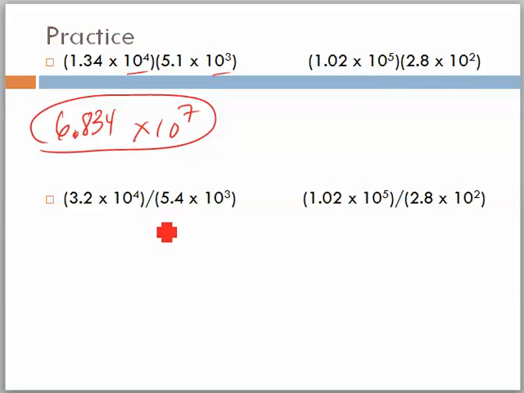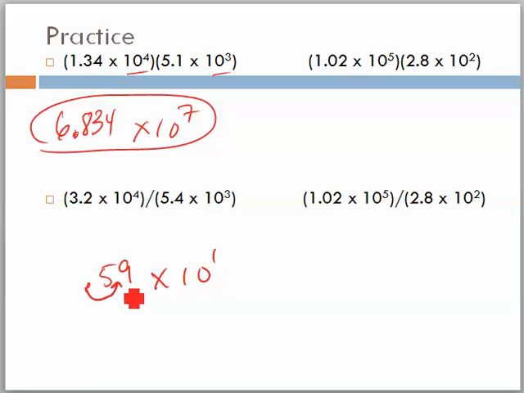I'm going to go down here and do the bottom one. 10 to the fourth, 10 to the third. Well, when I divide, I subtract my exponents. So I know this is going to be times 10 to the first. And now it just becomes 3.2 divided by 5.4. And that gives me 0.59 and so on times 10 to the first. Well, this is not really in scientific notation.